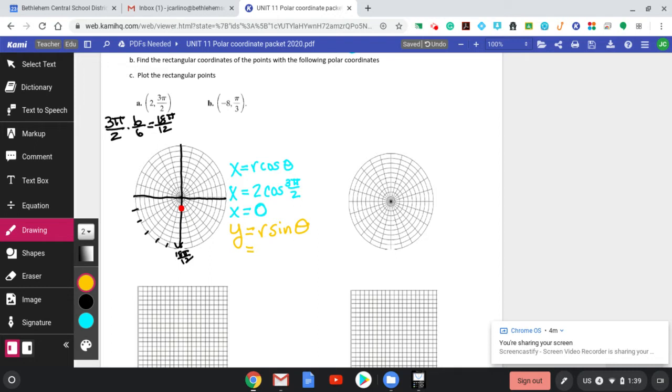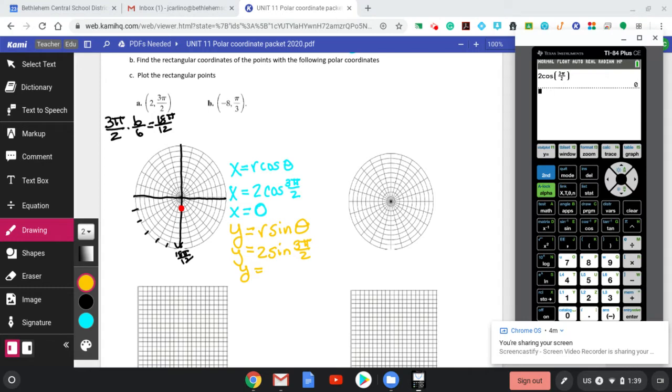So that's going to be equal to 2 again, but now sine 3 pi over 2. So the y coordinate, here we go, back to the calc. So 2 sine, fraction template again, 3 pi over 2, negative 2. So this polar coordinate in rectangular form is 0, negative 2.